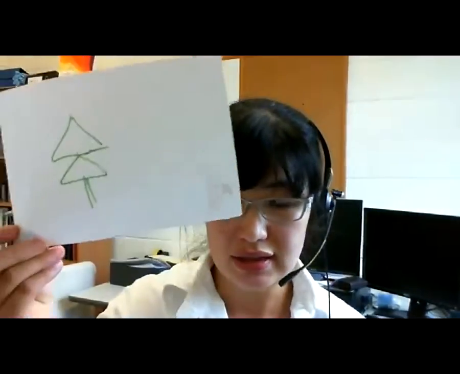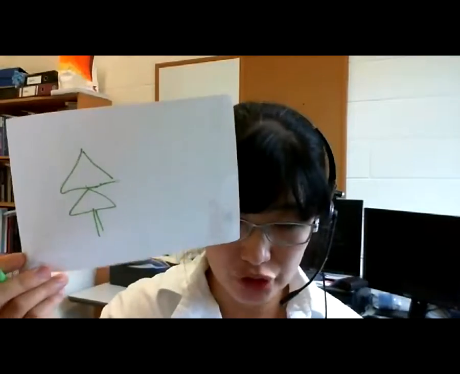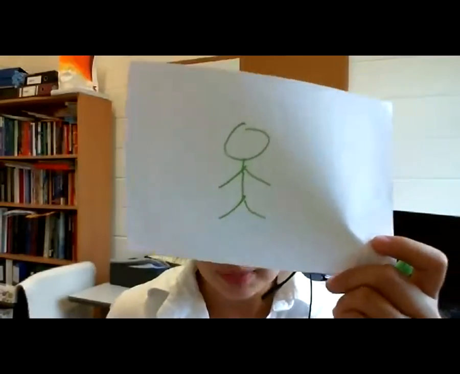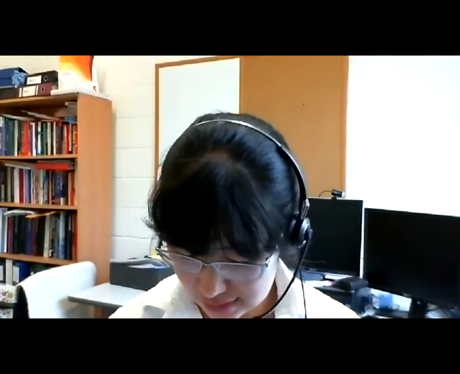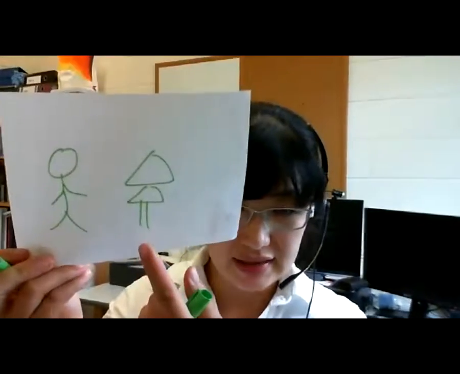If you click on a layer and draw a tree, and then click on another layer and draw a person, you will get a person and a tree.